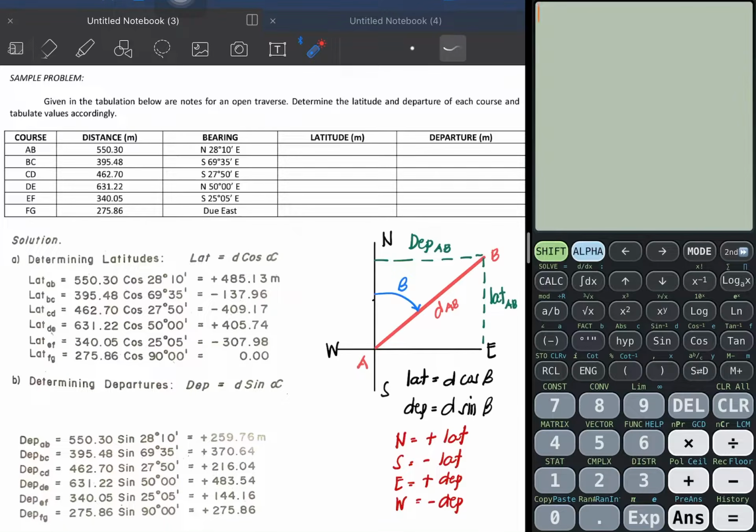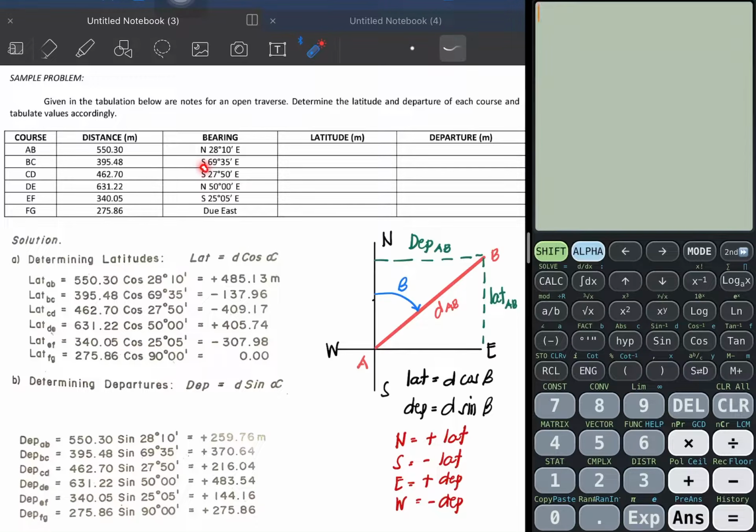For the determination of departure of line AB, you have 550.30 times the sine of 28 degrees 10 minutes. Therefore, your answer is 259.76, positive, since that is east.